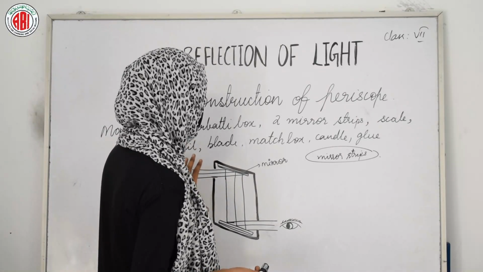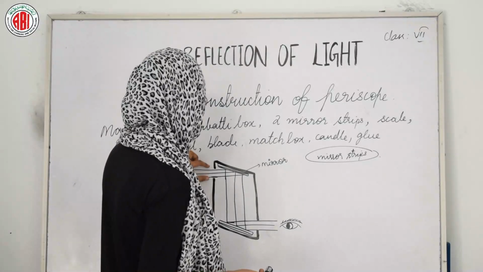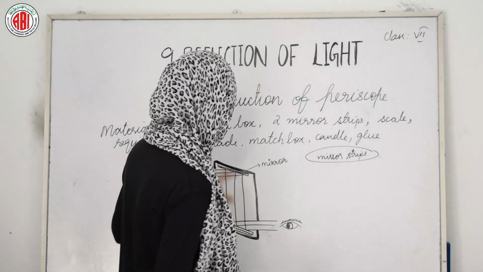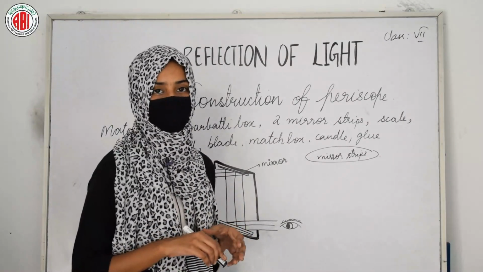Now after fixing the mirror strips into the slits, make the windows on the narrow sides of this box. The windows are made on the narrow sides of this box with the help of a blade.